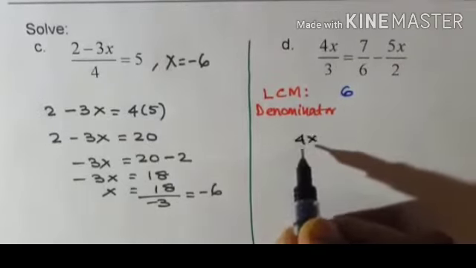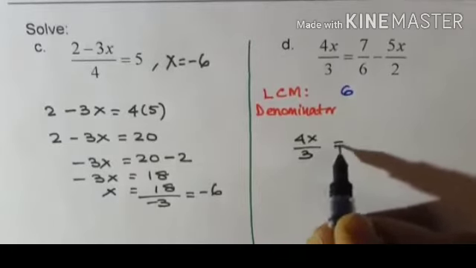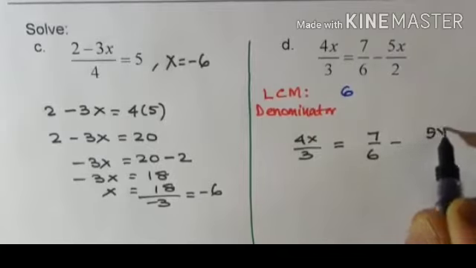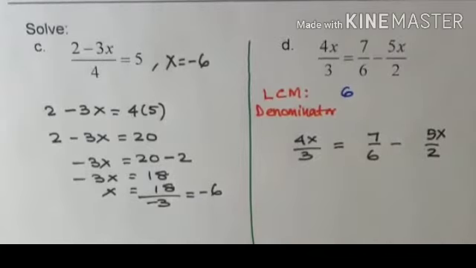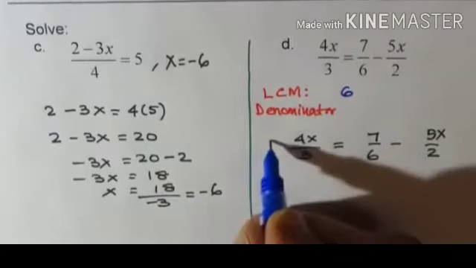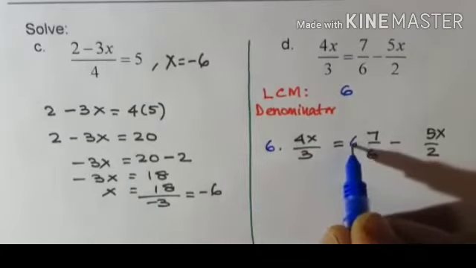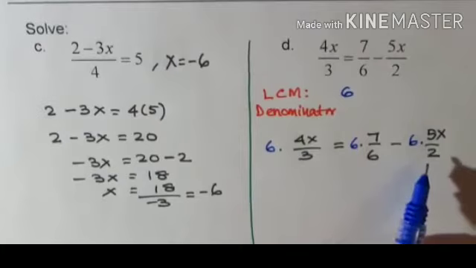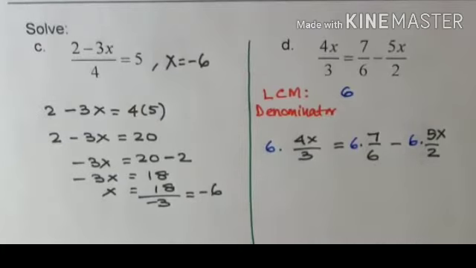So we get 4x over 3 equals 7 over 6 minus 5x over 2. We are going to multiply each term by 6 on both sides. Do you see this? Since you do the same operation on both sides, you don't change the equation, but you could simplify it. When you do so, you could get rid of fractions. That's the whole idea, right?